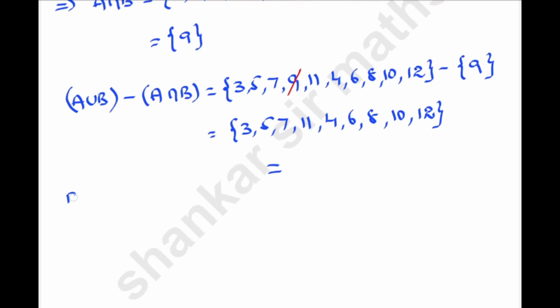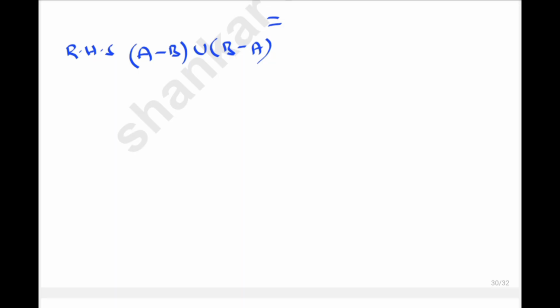Now what is the right hand side? A minus B union B minus A. Here we have to find A minus B. Now what is A?